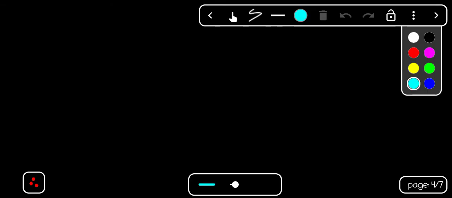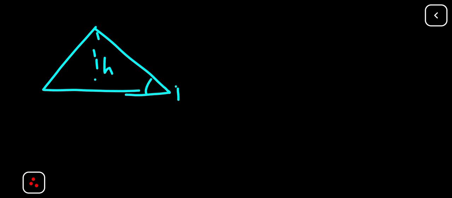Okay. So you notice that the first triangle we did was something like this. So we had H here, we had B here, we had A here, and we had C here. Then we had A here, we had B here, we had C here.